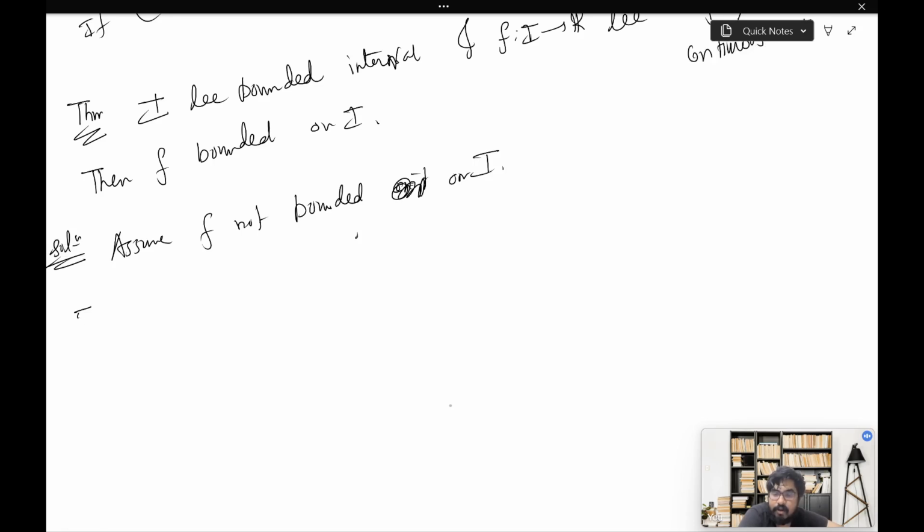This implies that for any n belonging to N, there is a sequence xn such that mod f(xn) goes to n for all n.